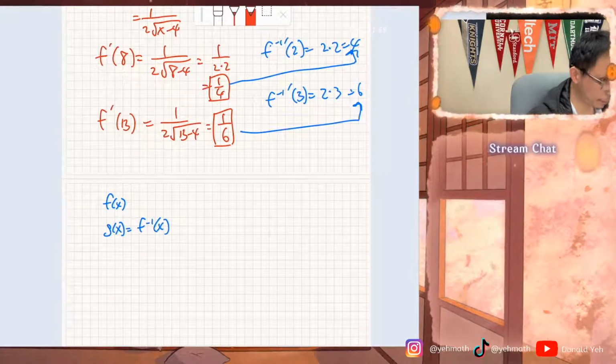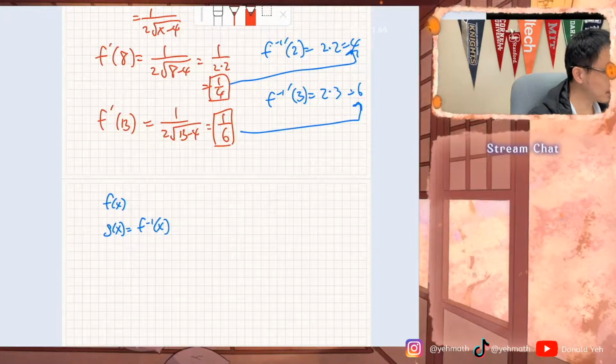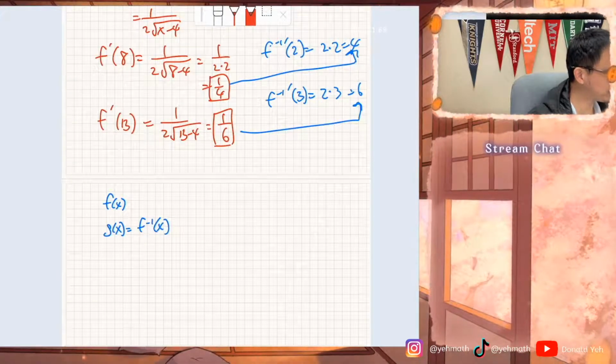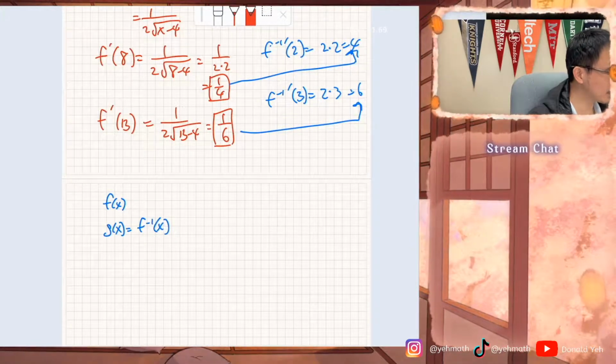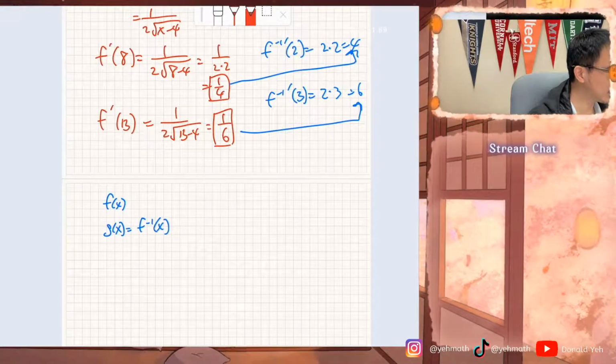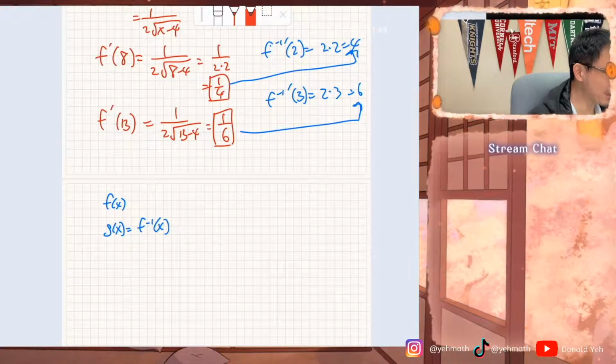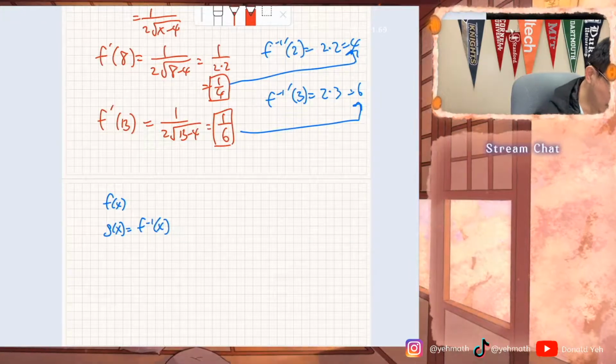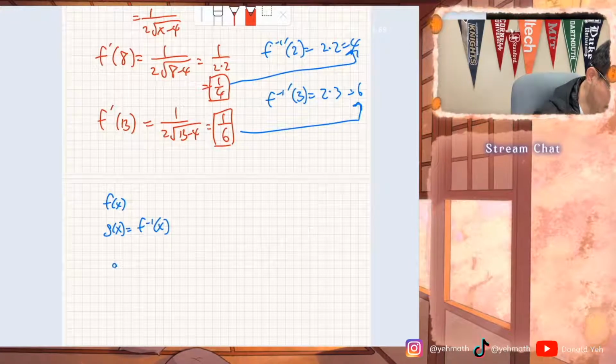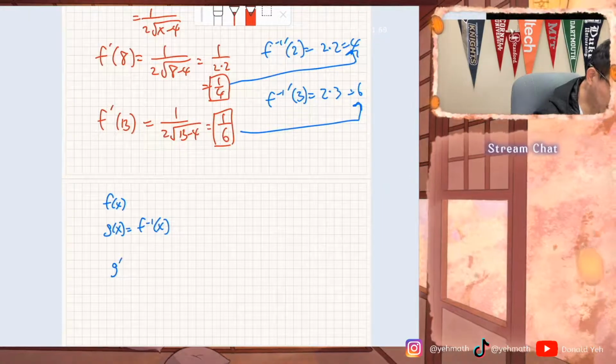The formula, I'm going to give it to you. It's going to be something very helpful. You can memorize the formula, but you have to understand how to use it. I'm going to give you 2 different versions of it.